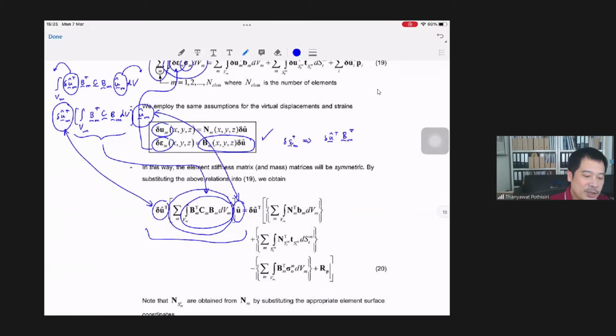So the idea is you want to compute this term for each element, and based on this matching between nodal displacement of the element and the structure, you want to be able to compute the contribution of each of these elements into the total structure as a whole, to compute this term right here.